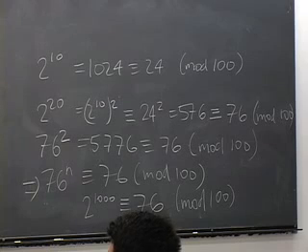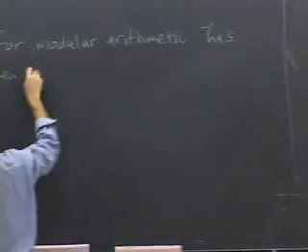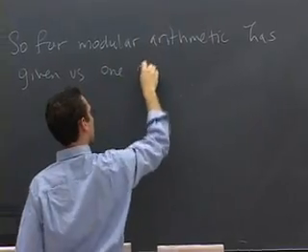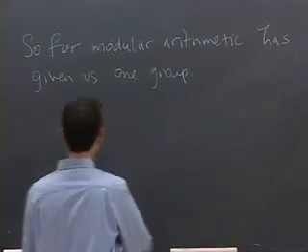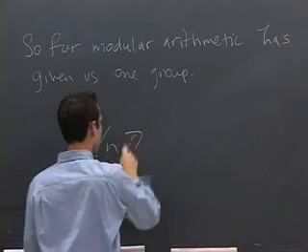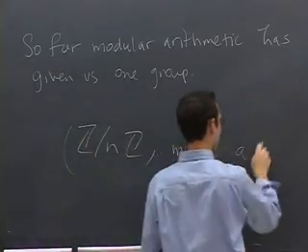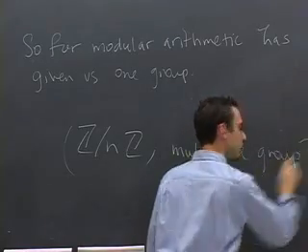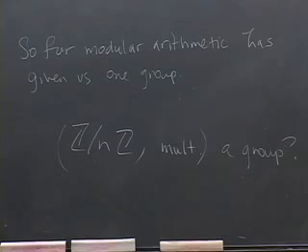So far, modular arithmetic has given us one group. Is Z mod NZ with multiplication a group? Somebody, go ahead.